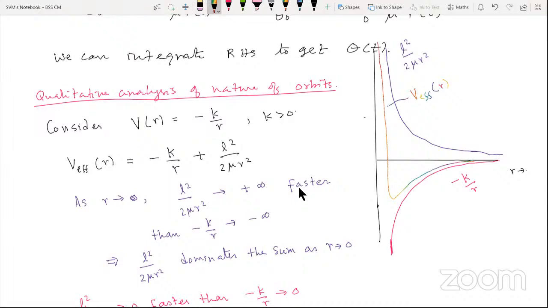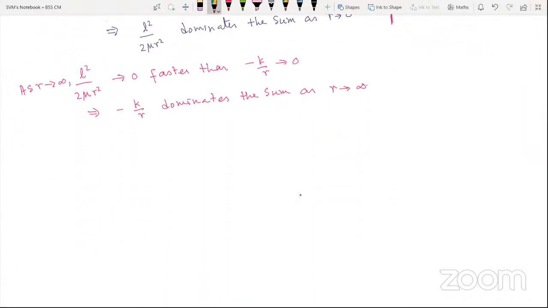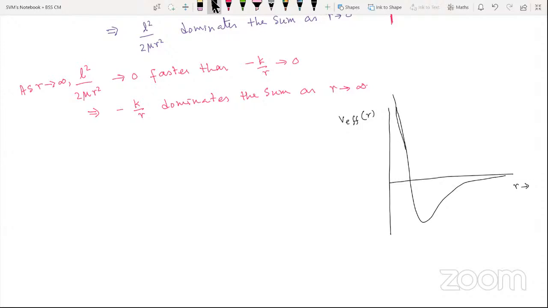So for a better analysis, let me now try to draw this effective potential alone in this figure. This is r, and then I am going to plot V effective of r. Okay, so this is something like this. Goes like this. Okay, so this is what is going to be the effective potential.